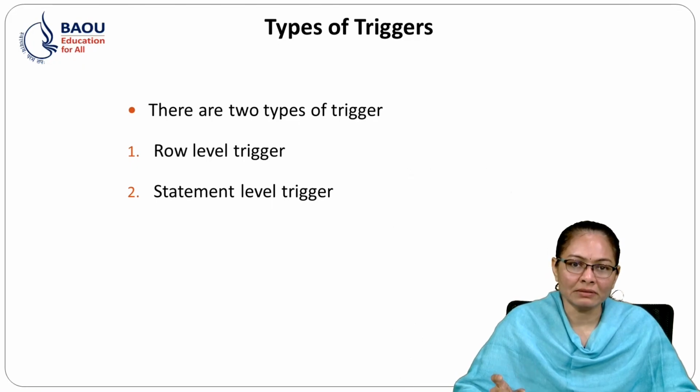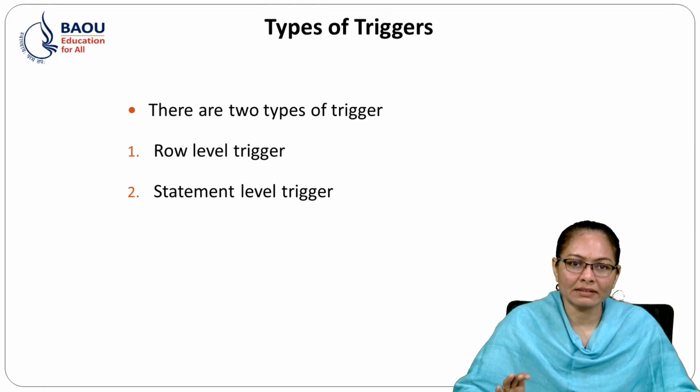For example, if we fire a delete statement, it will delete multiple rows of the table. Then the row level trigger occurs for each row affected by the delete statement. If the DML statement affects no rows, then the trigger is not executed.